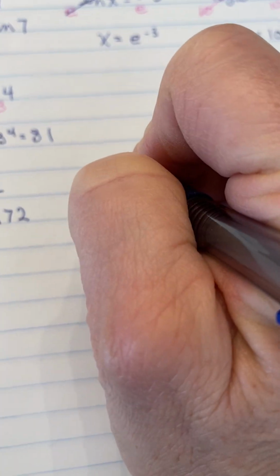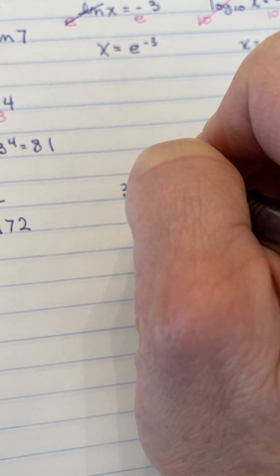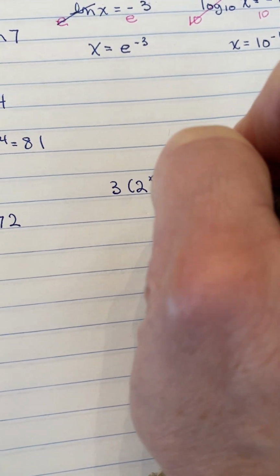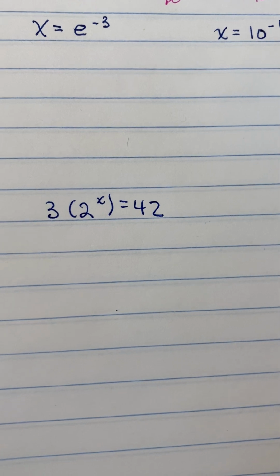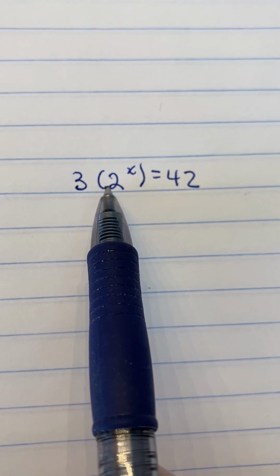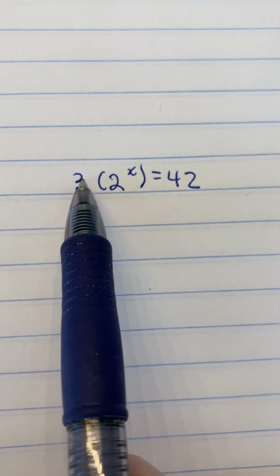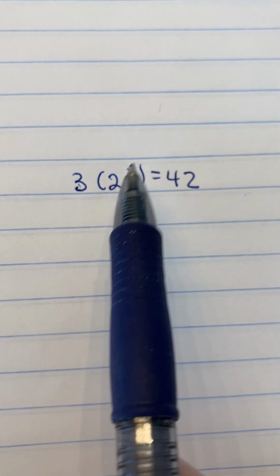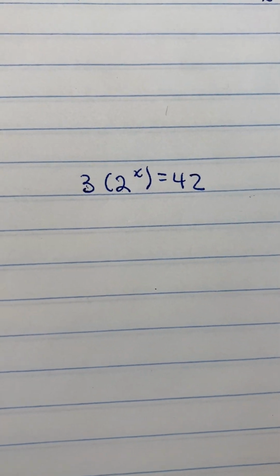The second problem, 3 times 2 to the x is equal to 42. Well, what we normally would do, you know that this is not equal to 6 to the x. Don't do that. You cannot distribute that in there. Only the 2 is raised to the x, the 3 is not.